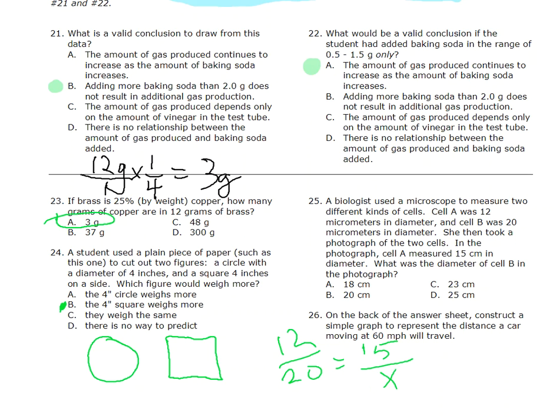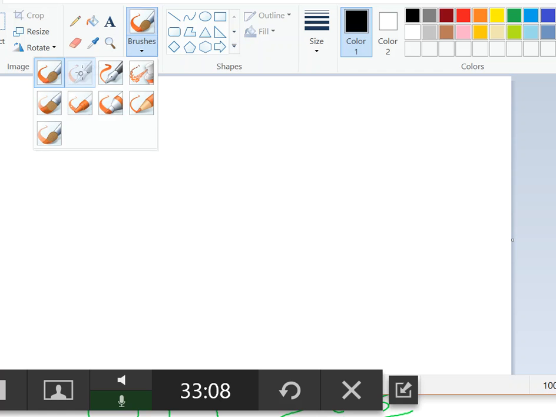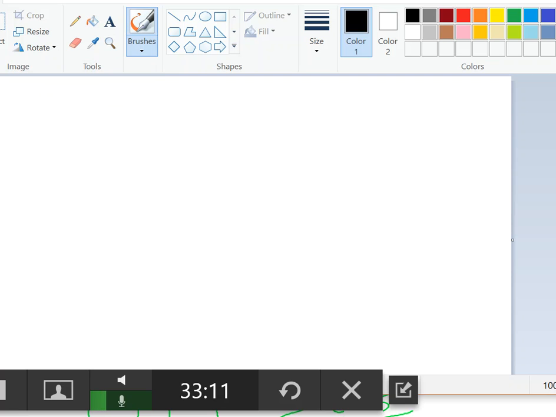So we can do the math there. Let's solve it. 12x equals 15 times 20. We're cross multiplying to solve the proportion. So we take 15 times 20 and then we'll divide it by 12 and that'll give us 25. That's a good one.